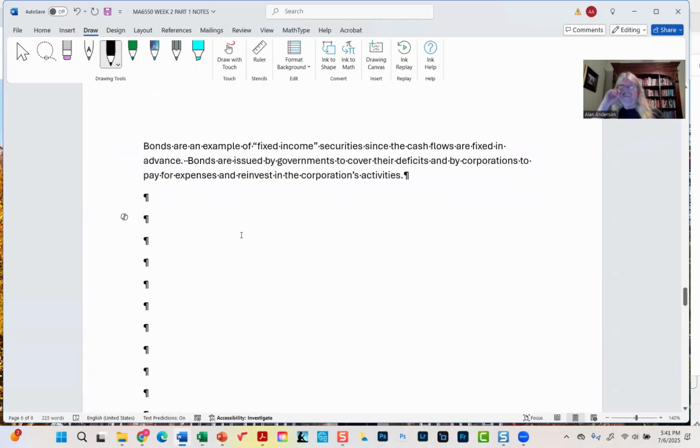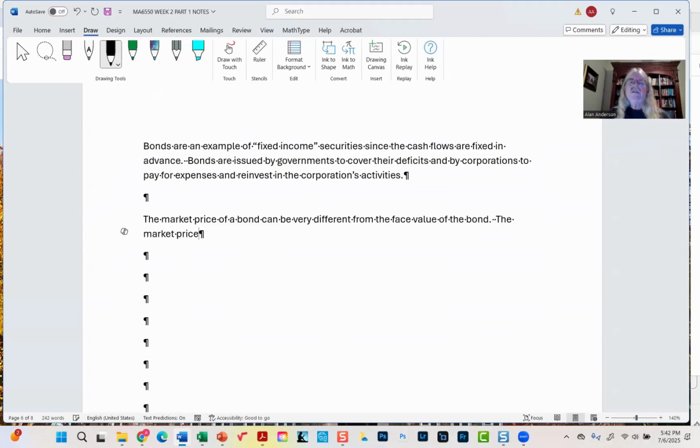Now, the market price of a bond can be very different from the face value of the bond. The market price is nothing but the present value of the bond's future cash flows.